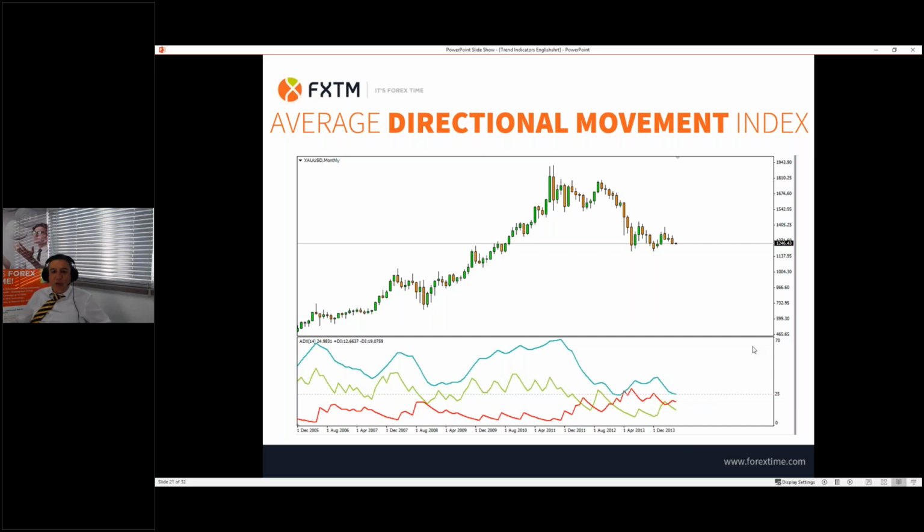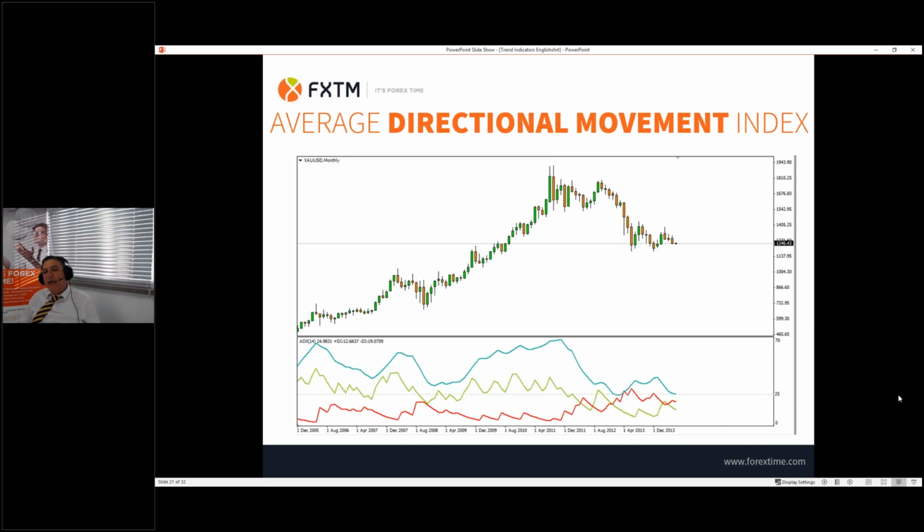So, for example, when the green line drops below the red line, like in this case, it's a sell signal. And when the green rises above the red, it's a buy signal.